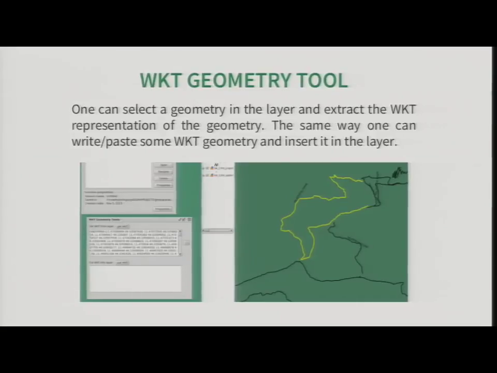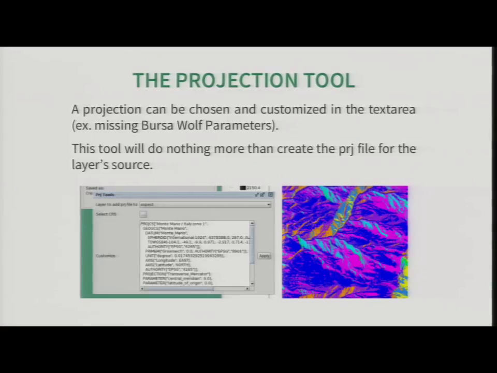This is useful if you are writing a module and some information that you print out in the middle needs to be visualized in your GIS. So here you can also take a well-known text geometry, put it in there, and add it to the current layer. It's kind of runtime layer editing where you can continuously add your information or read your information.